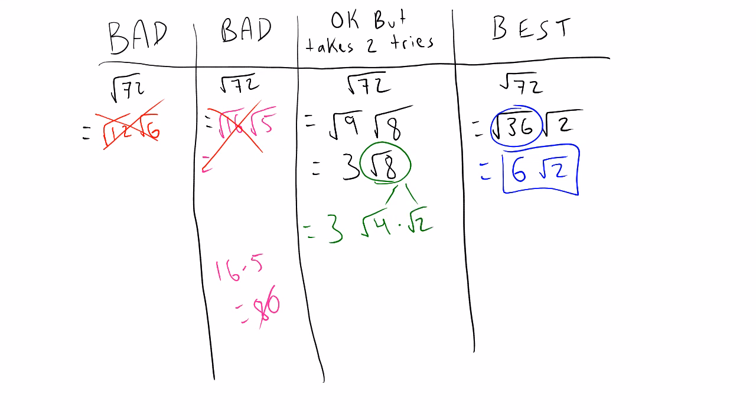Root 4 is a square. The square root of 4 is 2. And then we still have the root 2. And finally, we'll do that 3 times 2 that you see on the left-hand side of the root 2. That is 6. And then we have the root 2 left over. Now we have the answer we were hoping for.